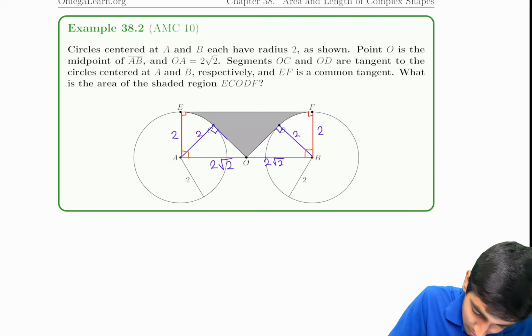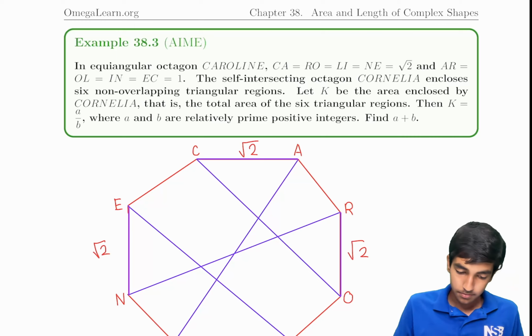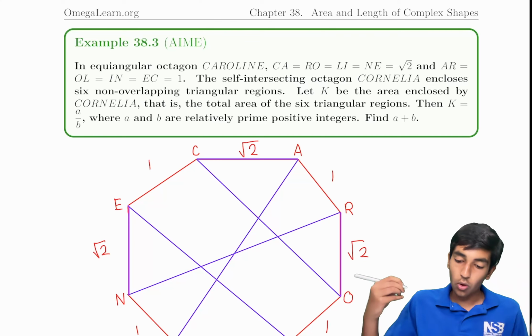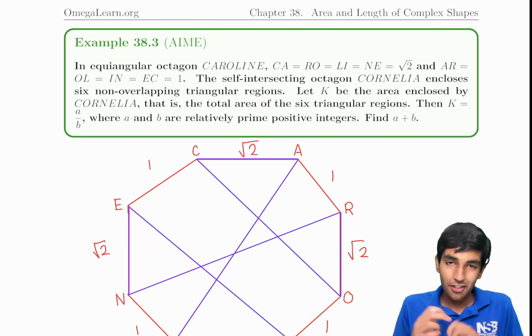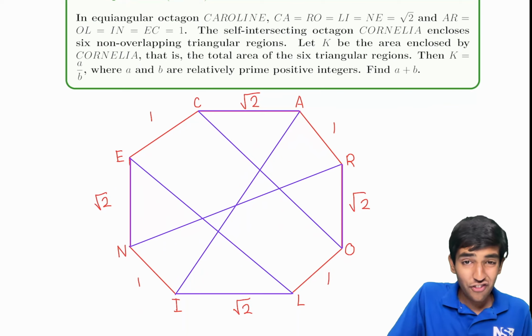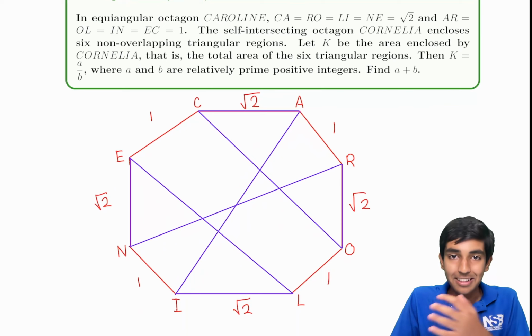Okay, so CA is square root of 2, RO is square root of 2, IL is square root of 2, and EN is square root of 2. AR, OL, NI, and EC are all 1. Okay, now this is where the problem starts to get a little bit funky. The self-intersecting, what does that even mean?